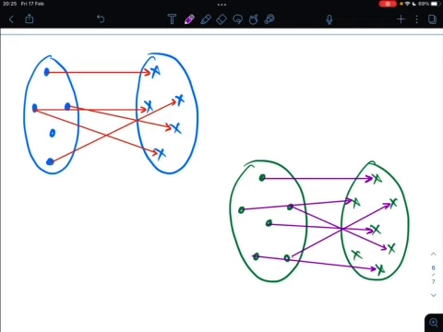Okay, so now we have both our examples. So this is a surjective function, and what we have here is a function which is not surjective.